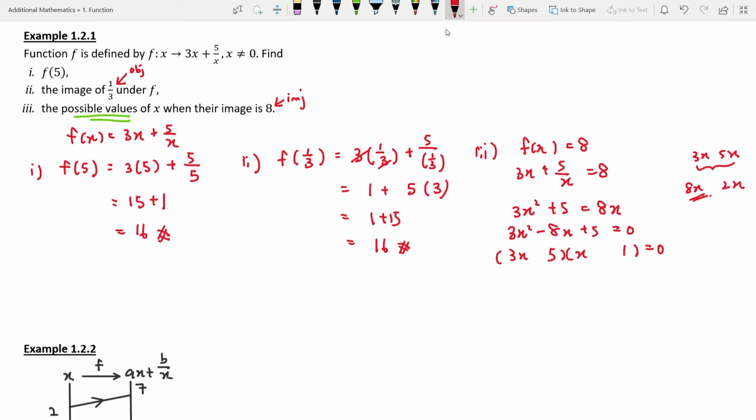In order to get a negative 8x, we have to put a negative 5x and negative 3x. Next, we write 3x minus 5 equals 0 or x minus 1 equals 0. For 3x equals 5, x equals 5 over 3. And here we have x equals 1.